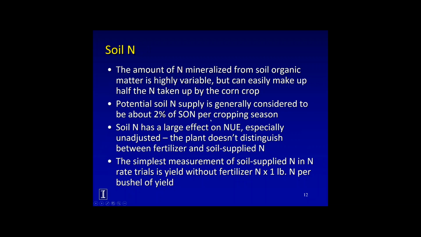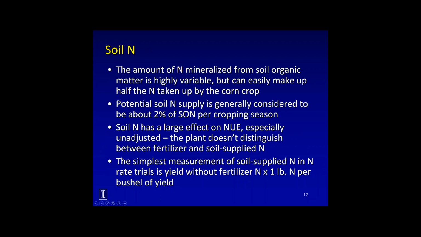That's very different among different soils, from very low to, you know, we probably have some that are 4.5% organic matter in the top foot, and there we're getting up into 8,000 or 9,000 pounds of organic nitrogen per acre, and 2% of that is 160, 180 pounds of nitrogen. That's how we can get these 200 bushel yields in some cases without any fertilizer at all.